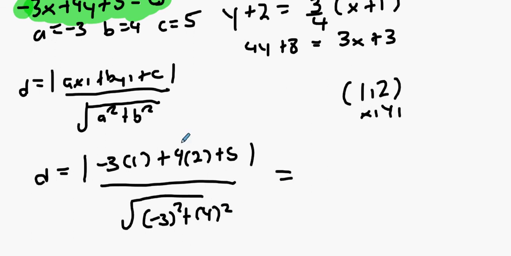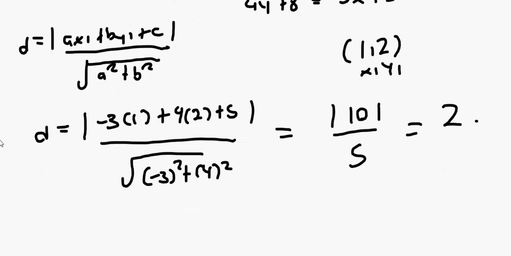This is 13, take away 3, which is 10, over the square root of 25, which is 5. And we get a d value of 2. Alright, d value of 2. Happy days.